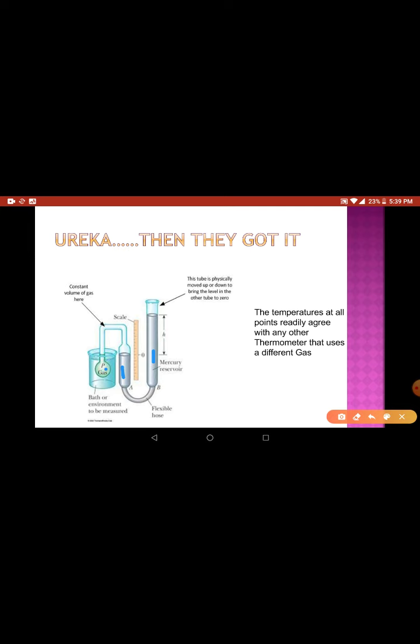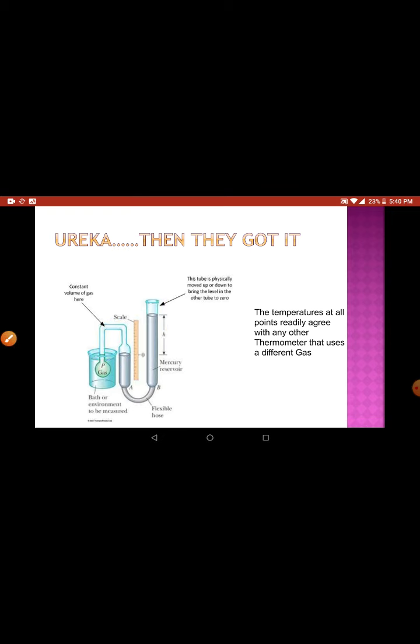To keep the volume constant, they want to maintain the mercury at a constant level so that the volume of the gas is fixed. So they either raise this limb of mercury or put it down, so that the gas maintains a constant volume and the mercury level stays at the 0 point.